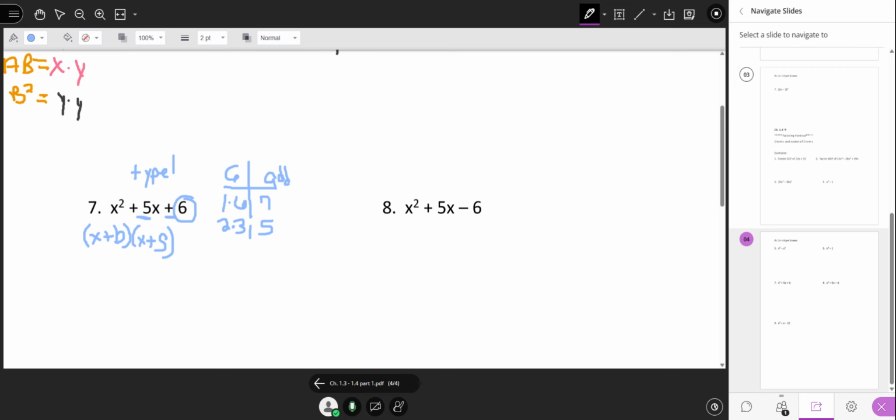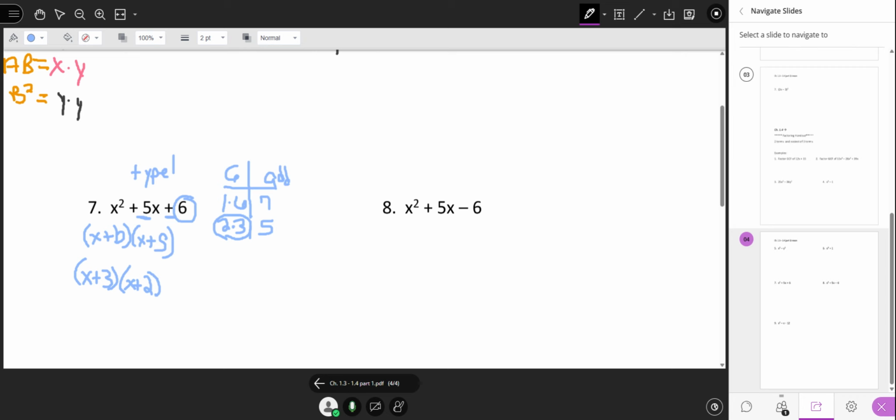What am I trying to get to? 5. So my two pieces are 2 and 3. My big is 3. My small is 2. So my formula tells you exactly how to put it together.